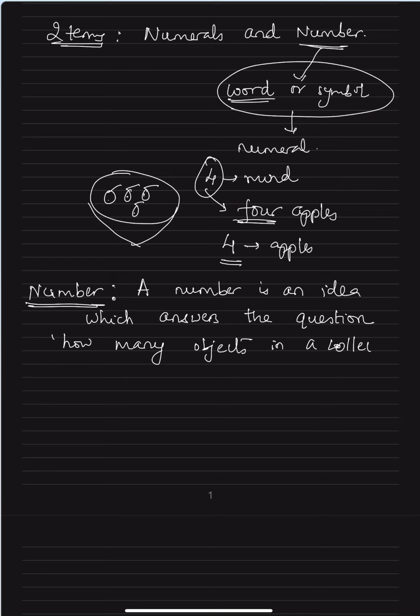This is the simplest language I can use to make you understand. This is the question whenever we count something. Whatever we count will first of all exist only in our mind.